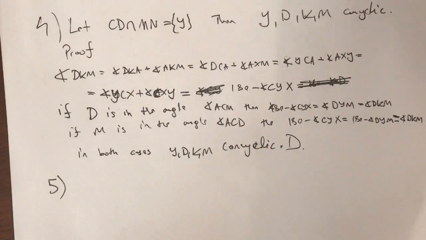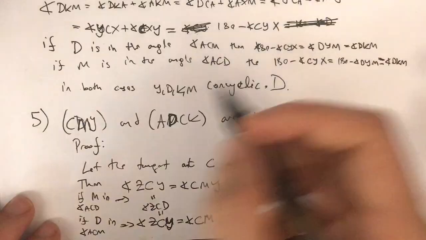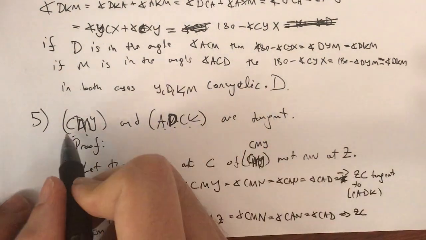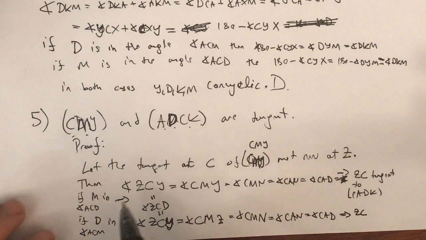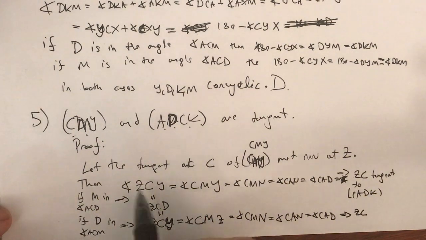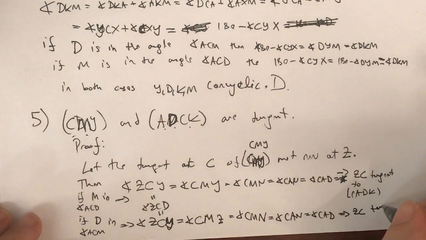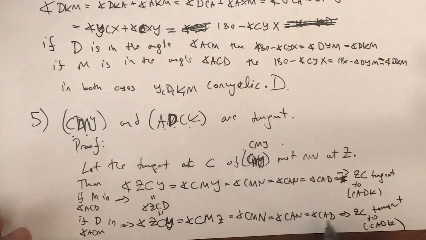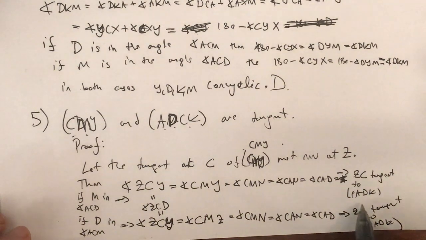And now we move on to the fifth claim, that CMY and ADCK are tangent. We prove it again if M is in ACD or if D is in ACM. We have two separate cases that both give us that ZC is tangent to the circumcircle around CADK. If it's tangent to CMY, then it's tangent to CADK.